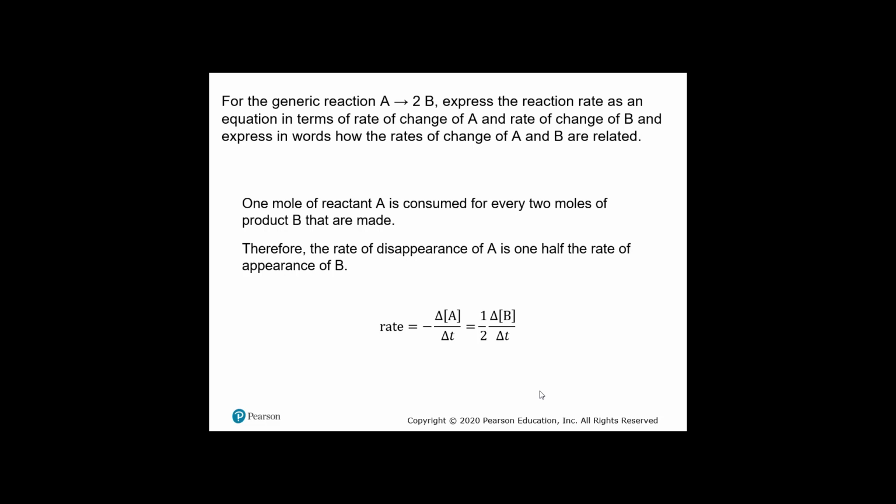Therefore, the rate of disappearance of A is 1/2 the rate of appearance of B. What that's saying is that for every 2 moles produced, we have to adjust for the fact that A is not being consumed as fast as B is being produced.